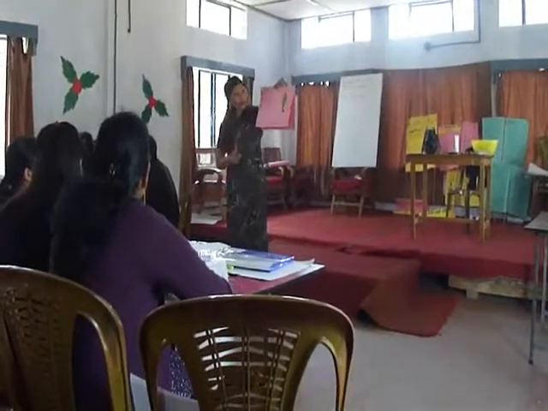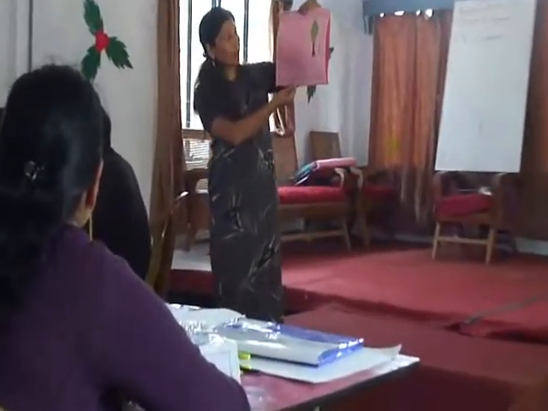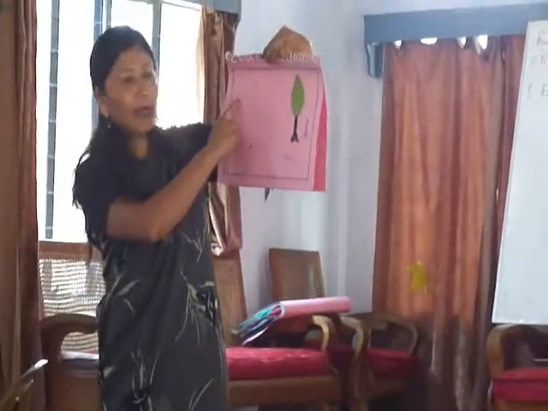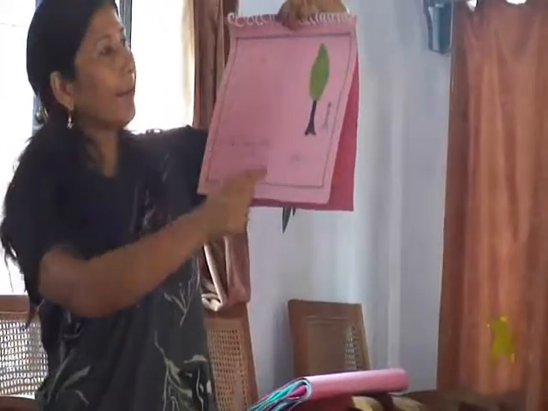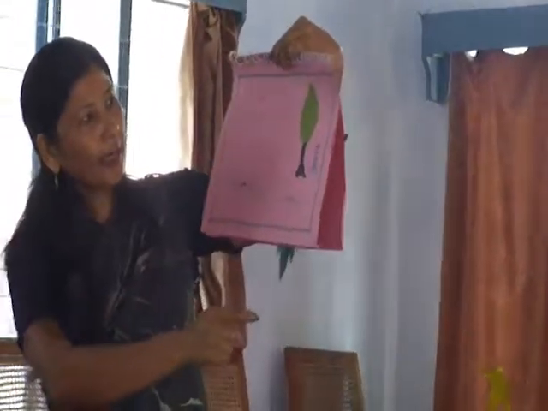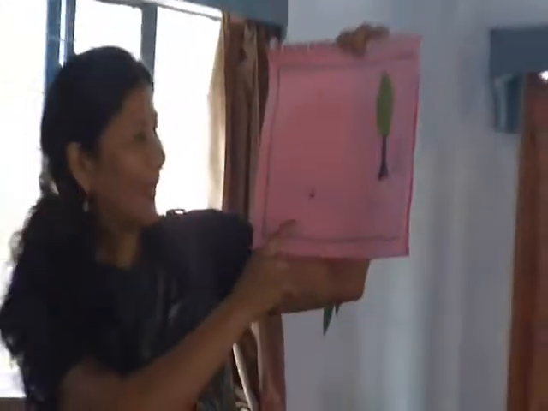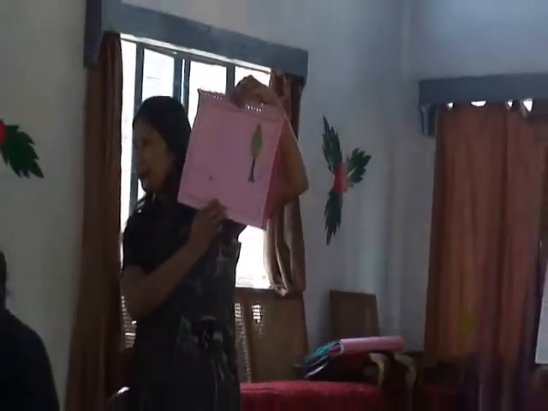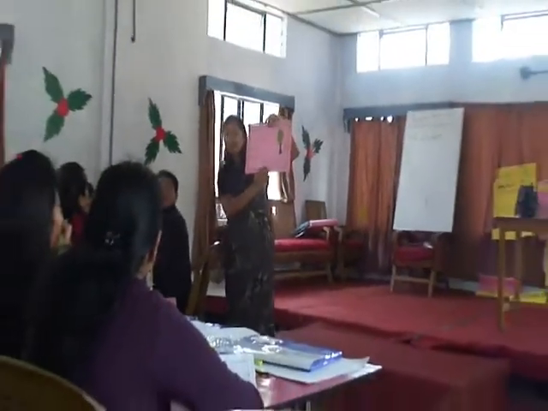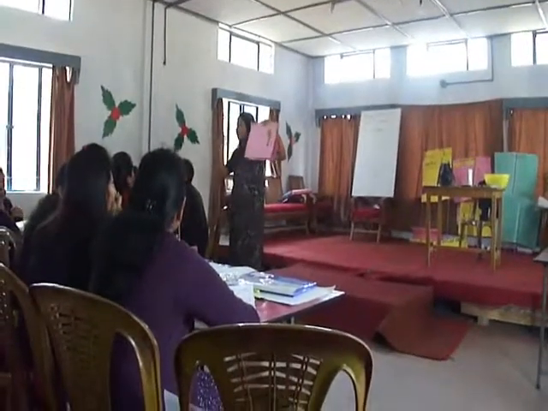Now on the first page, as you have seen here, there are hillocks, small hills. The sun is rising, there's a pine tree, and this is a river. So the students will create an imaginary story.